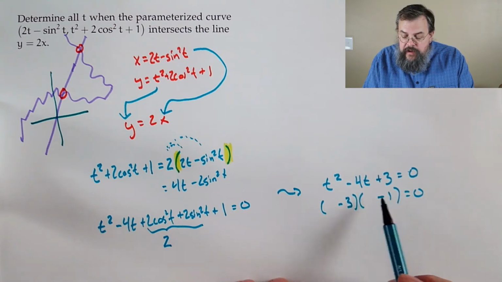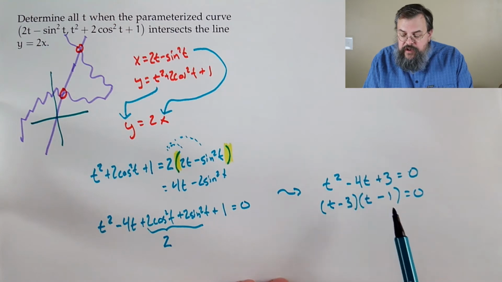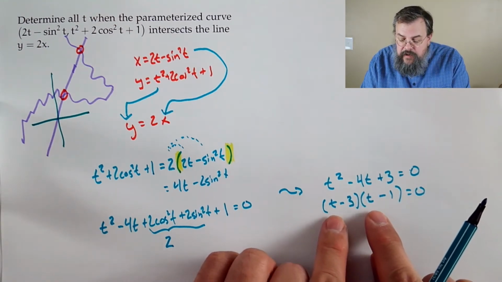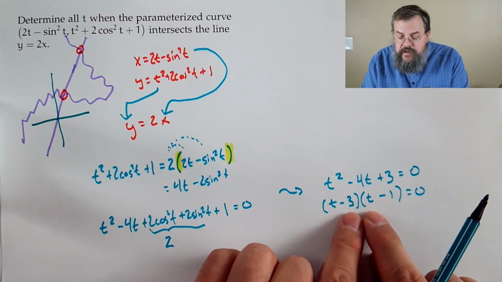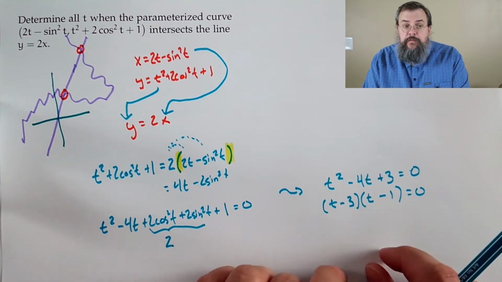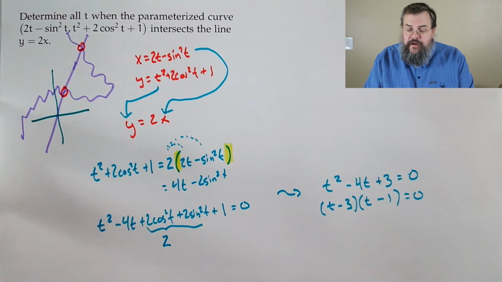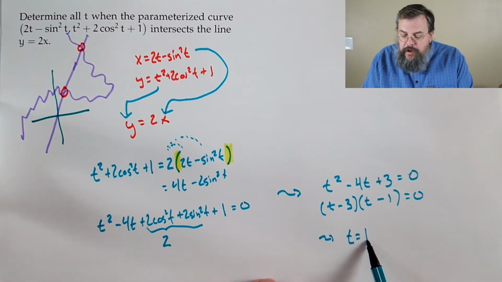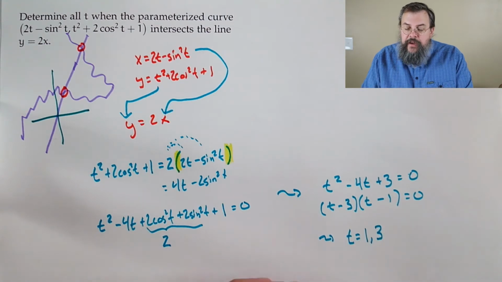We see minus, so it would have to be t minus 3 and t minus 1. And you can check it. It works, right? t squared minus t minus 3t, that's minus 4t, and plus 3. So that leads us to the conclusion that t equals 1 and 3. So those are the times when we intersect.